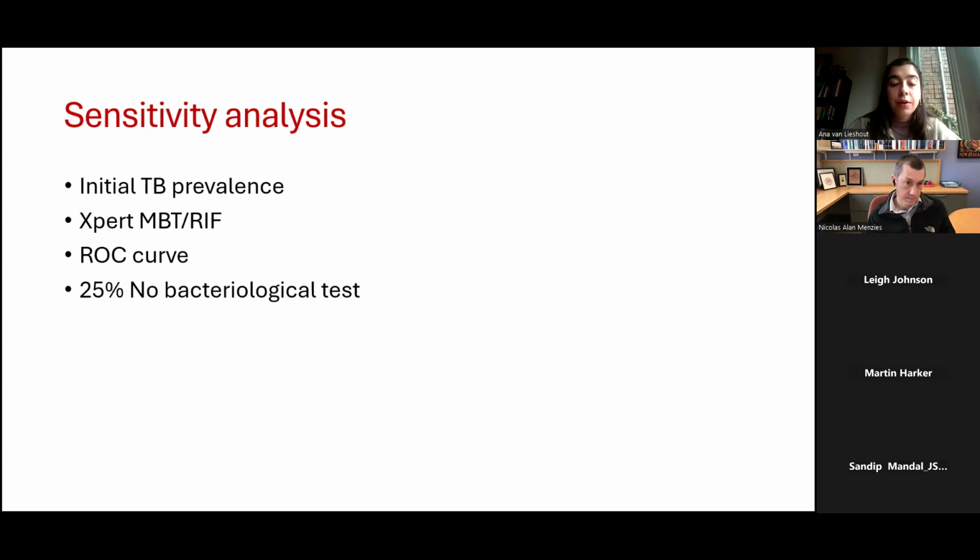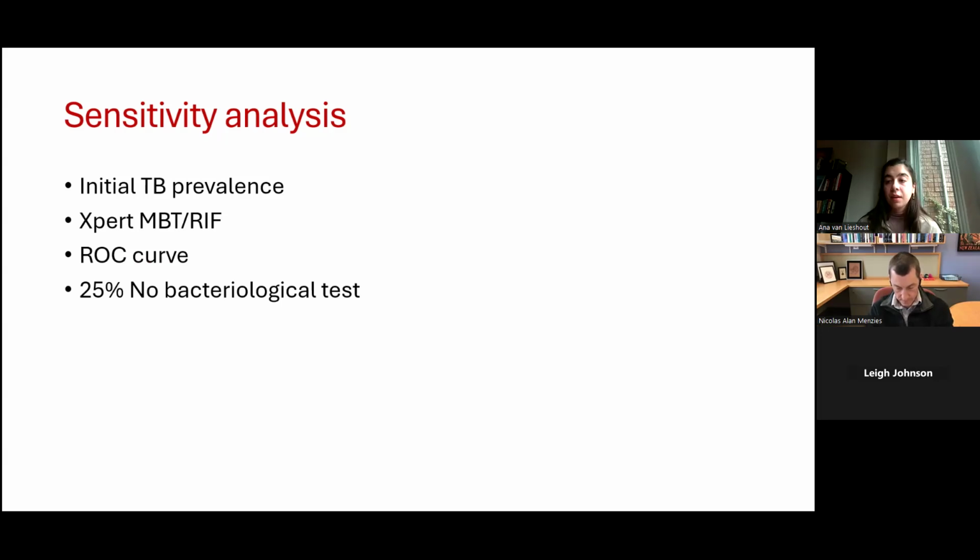We also varied the ROC curve, looking at a more pessimistic scenario. And lastly, what would happen if people were only clinically evaluated. So we assumed that 25% of those people being evaluated for TB did not receive an initial lab test, but went immediately into clinical diagnosis.